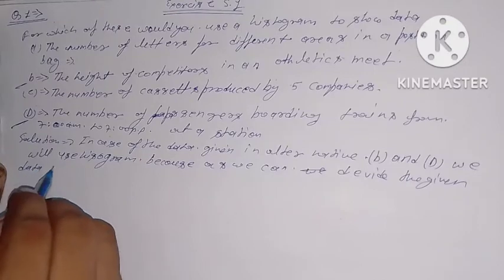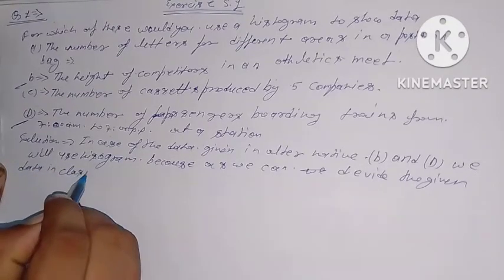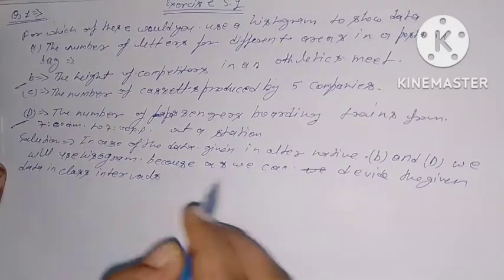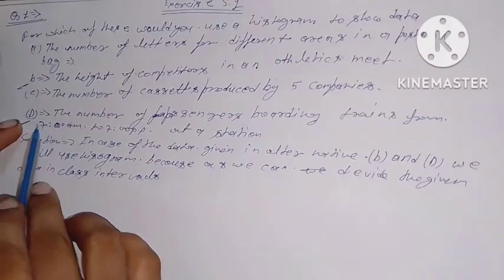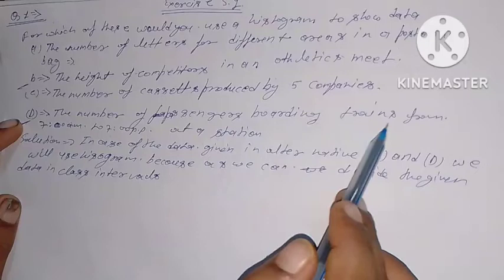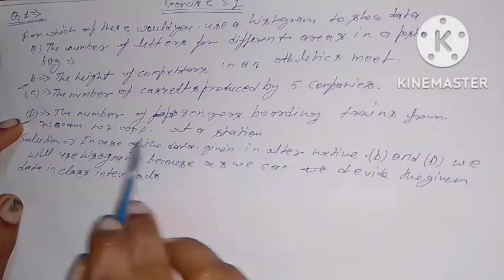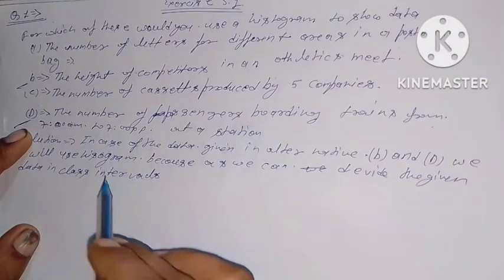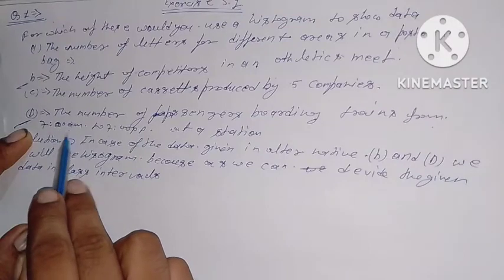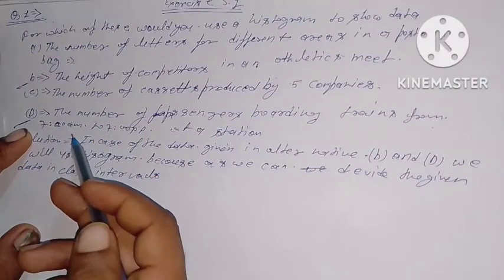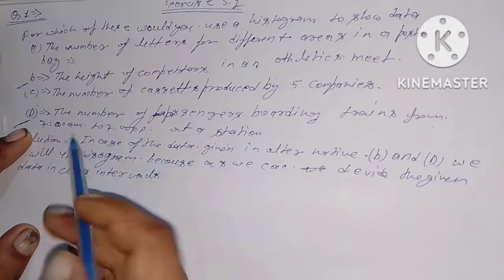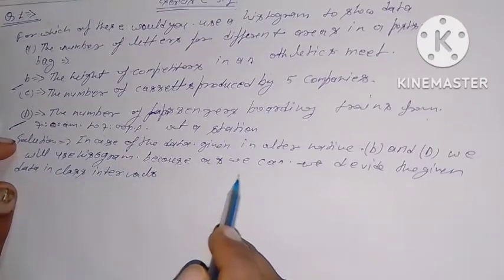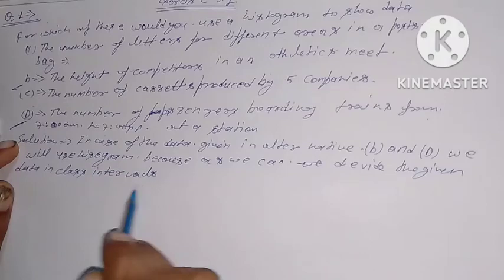In case of D data, the number of passengers boarding trains from 7 a.m. to 7 p.m., in 12 hours, one train comes at 8 a.m., another train at 9 a.m., another at 10 a.m., and so on. So we will use a histogram because we can divide the given data into class intervals.